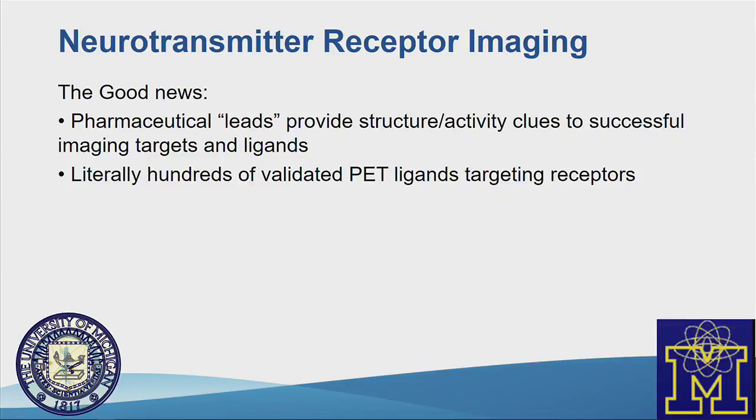And so this provides a wide range of chemical structure activity for our radiochemists to select from and invent imaging probes for these sites. And this has led to literally, as I said here, hundreds of validated PET ligands targeting different subtypes of neurotransmitter receptors.